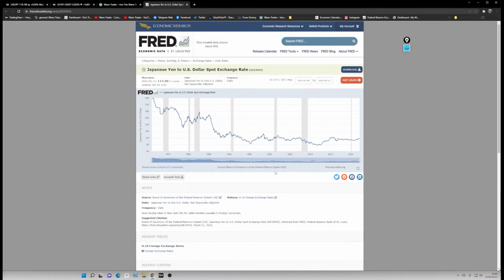Okay, so after having shocks or recessions, dollar yen never went above the price which we have seen during the recessions.